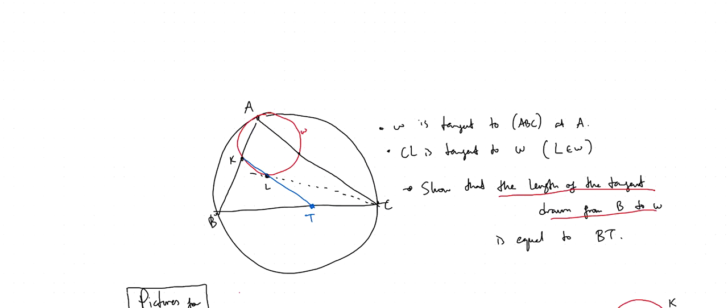Okay, let's define this as M, for example. And I know that KM is parallel to BC. Now, defining M, I defined an extra point, but it is justified, as I said, because now this point is on the red circle, but it's also on a parallel line.